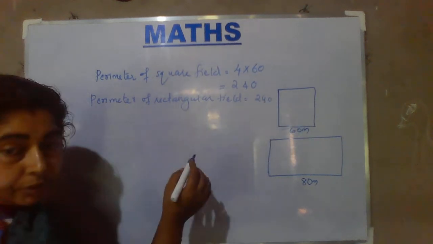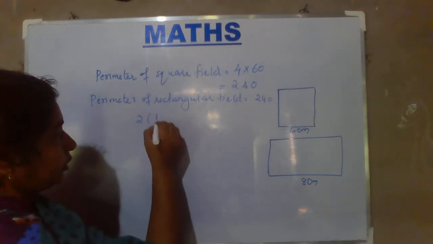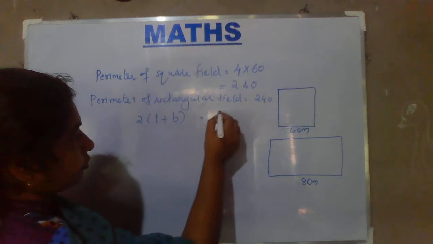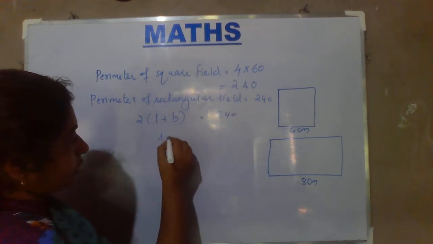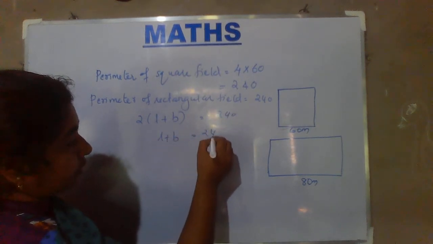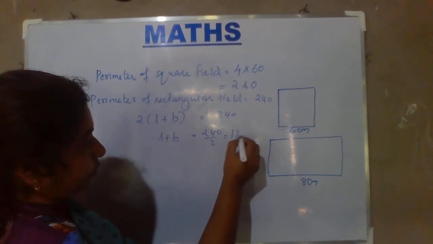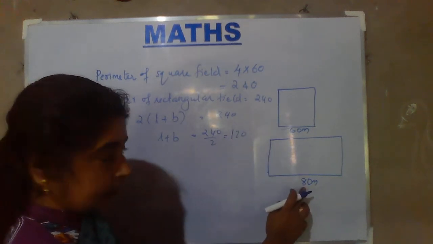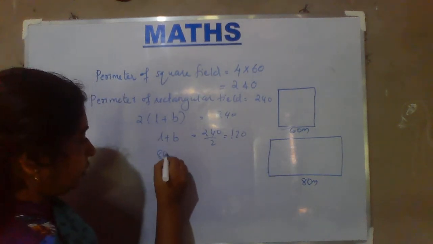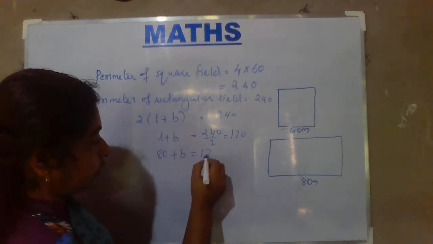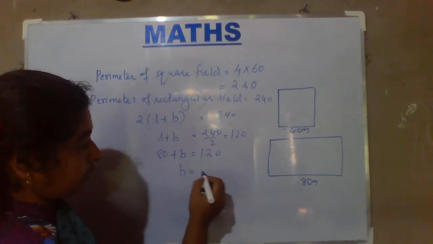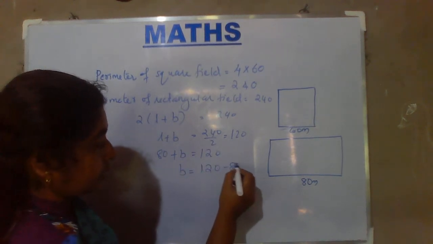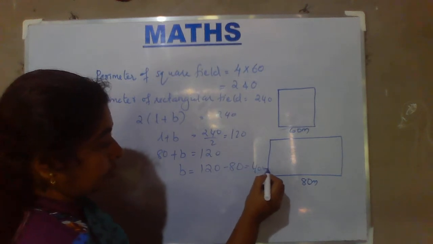But we know the perimeter of a rectangle is 2 into L plus B, that is 240. So from this L plus B is 240 by 2, that is 120. But given its length is 80 meter, so 80 plus B equal to 120. From this we get B equal to 120 minus 80, that is 40 meter.